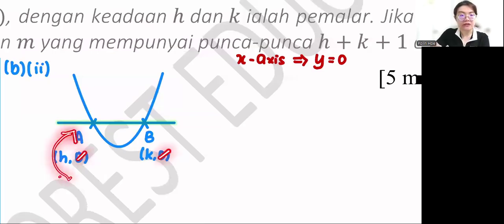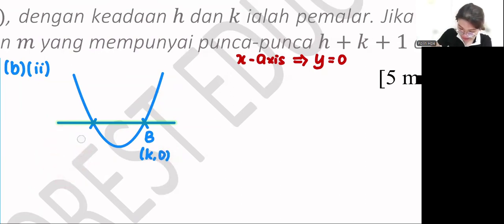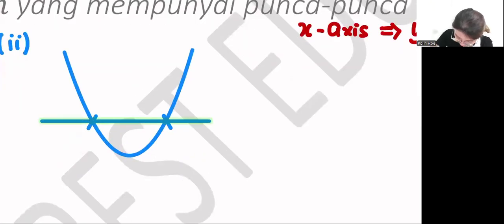I put my function, I put my coordinate in. When I substitute my coordinate in, I know that this is my h, this is my k.